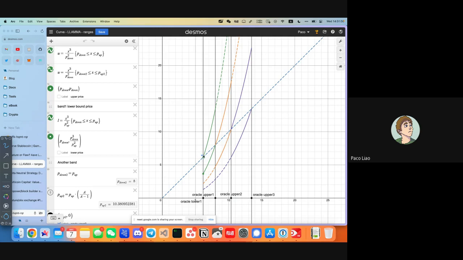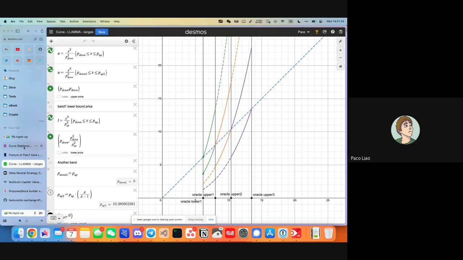At this point, the upper price is equal to external price. But with the price increasing, the lower price will be equal to the external price. And for band 2, the upper price of band 2 equals the external price, and with the price continuing to grow, the lower price of band 2 will equal the external price. And the same applies to band 3.